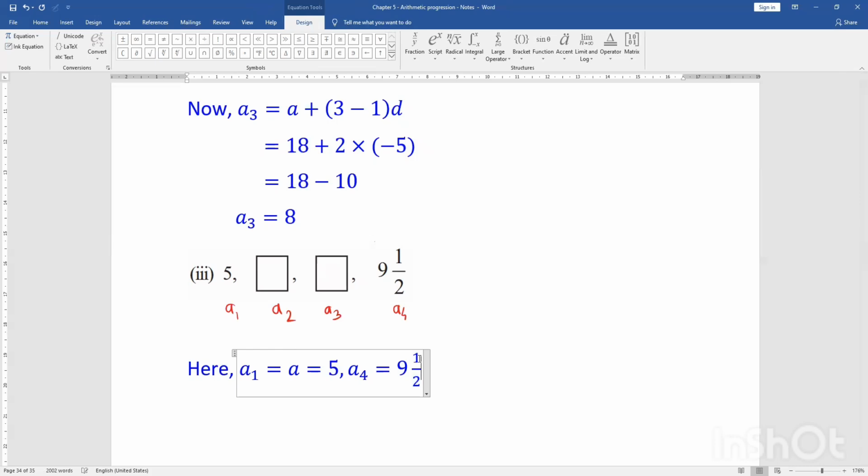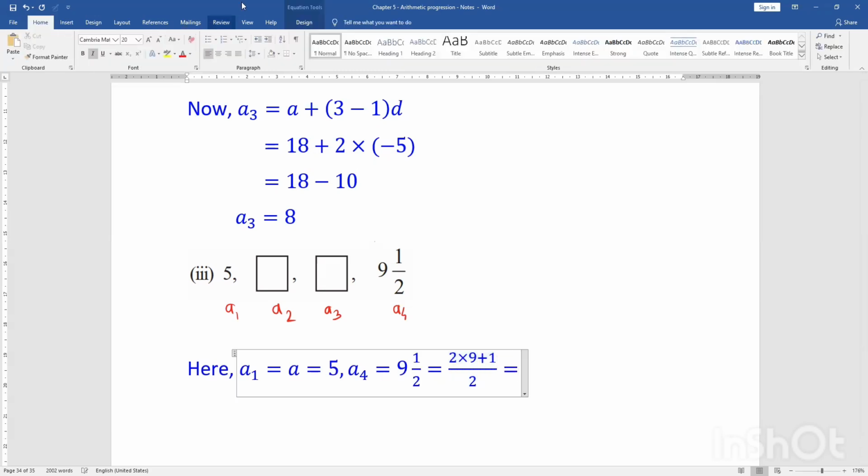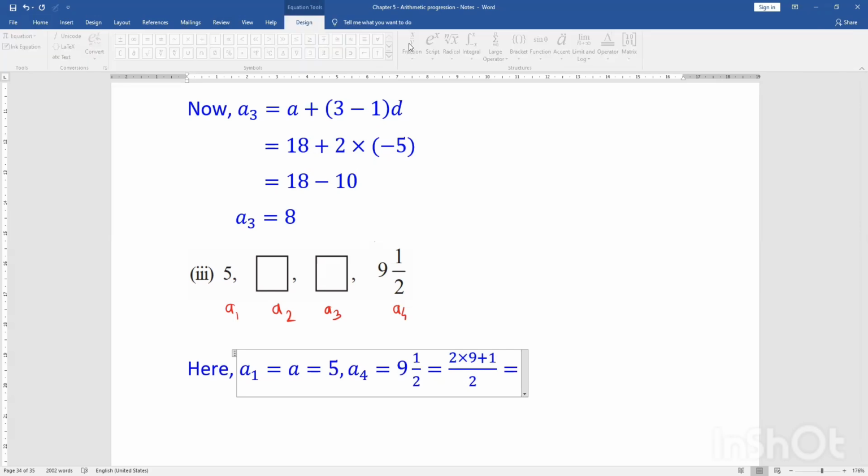Now convert this mixed fraction into an improper fraction. So 2 into 9 plus 1 should give you, 2 nines are 18, 18 plus 1 is how much? 19.